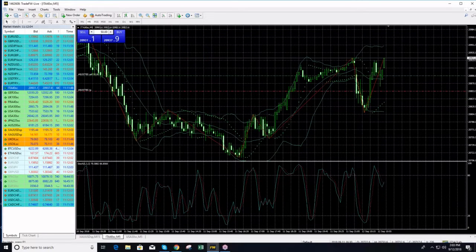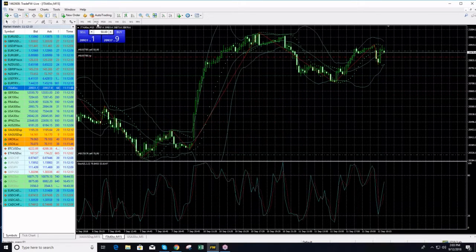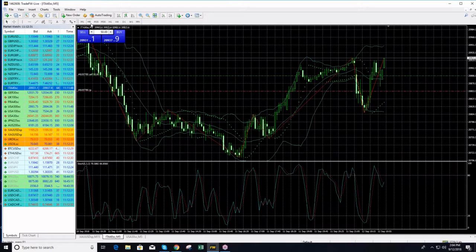So, Italy 40, ooh, Italy 40 doesn't look good. Okay, let it run a bit, because I see here this is a high level. Might go a bit higher and then it will turn. Let's see.